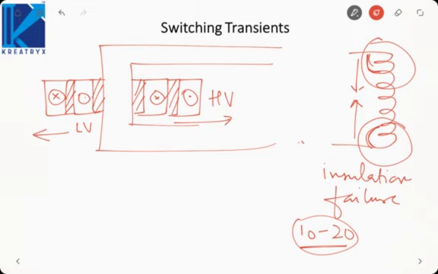It is not induced on the secondary. If it were being induced on the secondary, the forces would get balanced. The attractive and the repulsive forces would balance each other and there would be no danger. But now, these currents are restricted to only one side of the transformer, that is the primary winding. So the forces will not be able to balance and this can lead to disintegration of the winding.